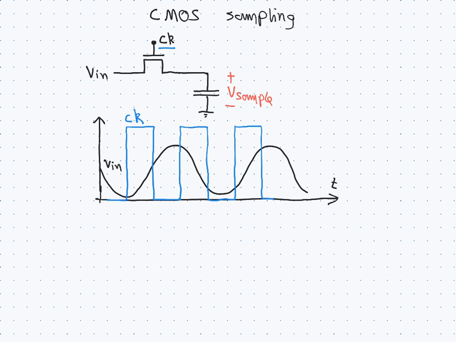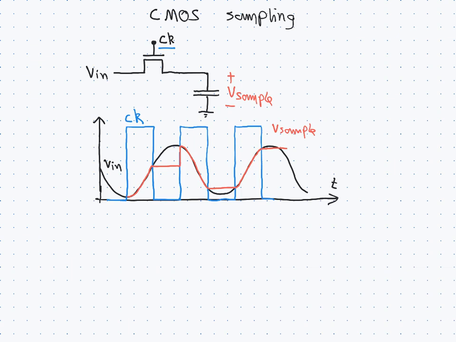This is also a sample or track and hold circuit, sometimes described as. When the clock goes down, the transistor goes open circuit and the voltage at the output, the sample voltage, remains constant like this. So the sample value is held in the period where the clock is low.